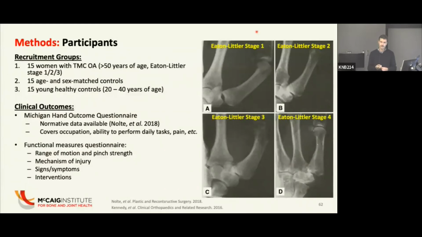So in the knee, I don't know anything about the TMC joint. I think I've heard people talking about the knee joint and saying that radiographs are a very bad predictor of symptoms. Is that similar in the TMC joint, or is that much better? You see more evidence of OA on your radiographs, or on your micro CT, do you also have more symptoms?